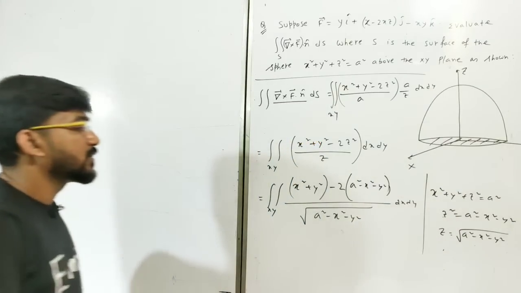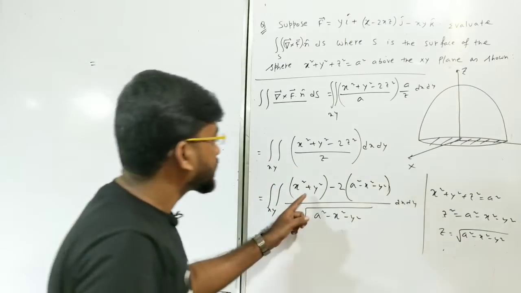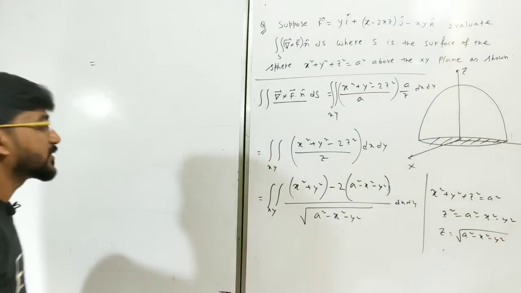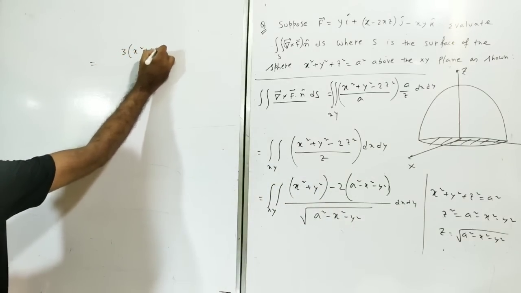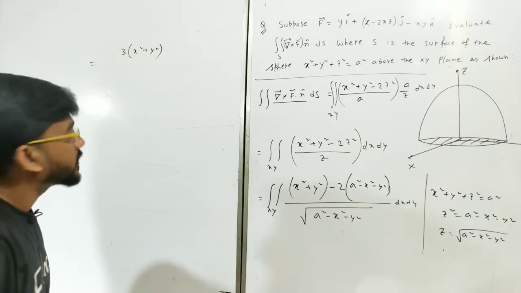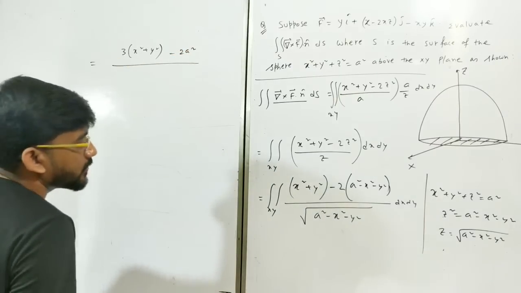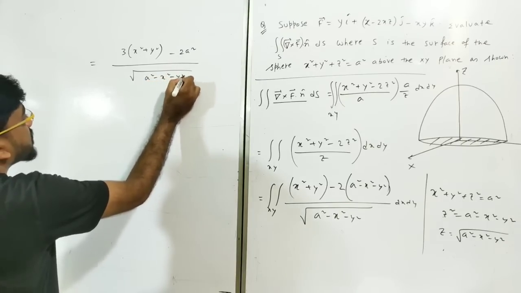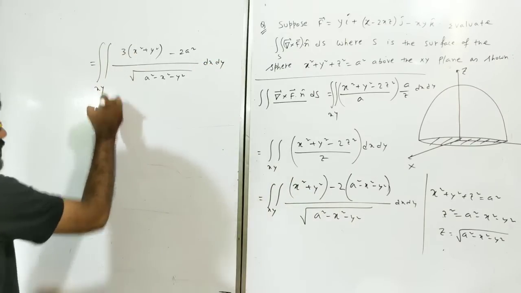If you solve further, x square plus y square and 2x square plus 2y square give 3 into x square plus y square minus 2a square, divided by under root a square minus x square minus y square, dx dy. So this will be our integration on the xy plane.